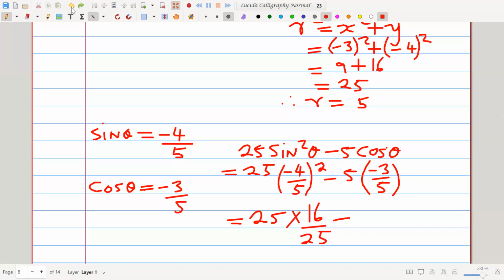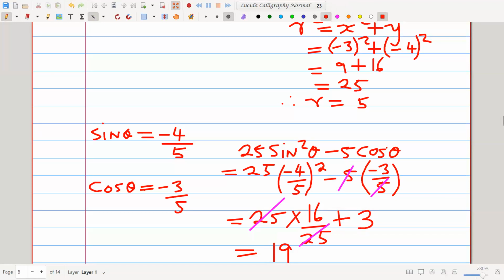So I can simply say this 5 will cancel that 5. And then I have a negative sign and a negative sign, this will give me the positive sign, which is 3. So again, this will cancel that, and then I'll end up adding 3, which will give me 19.